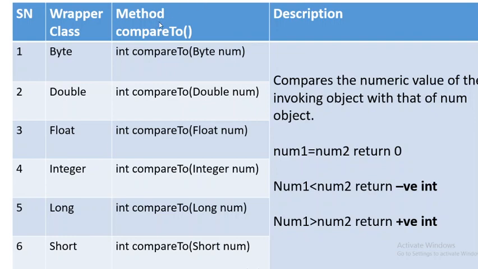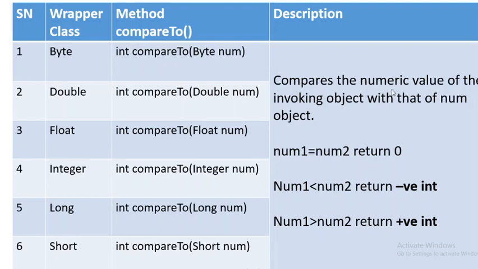This compareTo method is available with Byte, Double, Float, Integer, Long and Short wrapper classes. The return type of this method is integer, that means it will give a return value of either 0, a negative integer or a positive integer. Which result you will get, we will see in the description part.